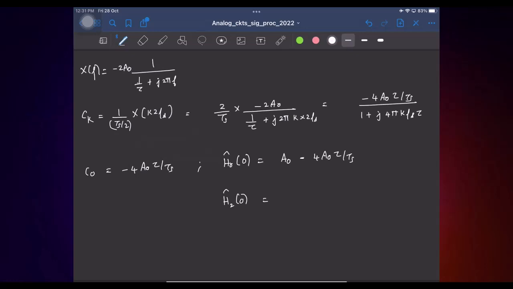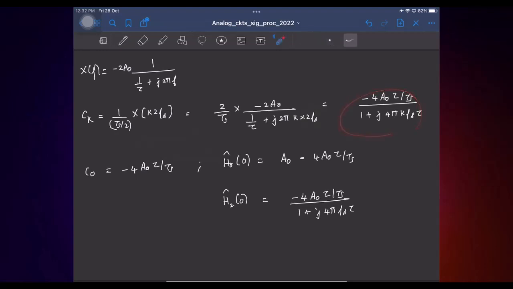I should put what value of k here? No, I already took. Here there's a slight abuse of notation, but I already put fs as 2fs, right? So I'll put k is 1, so what do I get? J4 pi fs tau.